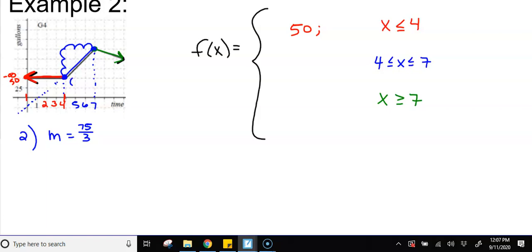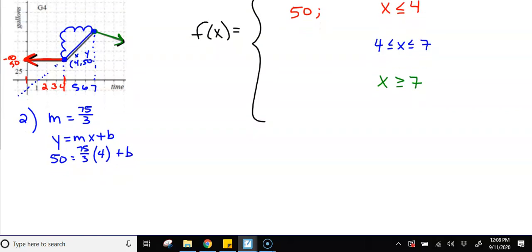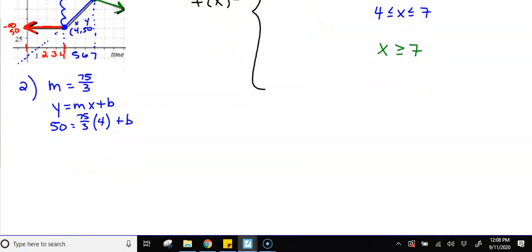So I'm going to pick (4, 50) as my point. 4 is the x, 50 is the y. Use y equals mx plus b. Substitute in 50 for y, 75 over 3 for m, 4 for x, and we don't know what b is. Okay? Then we have to multiply these things out.